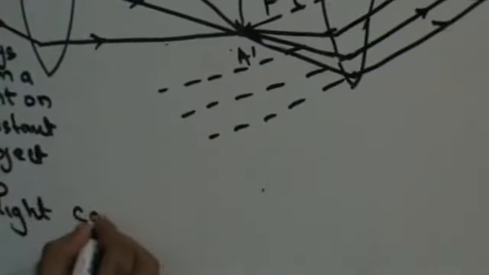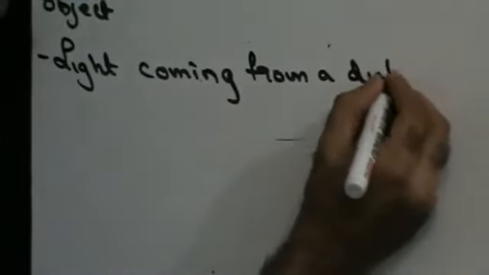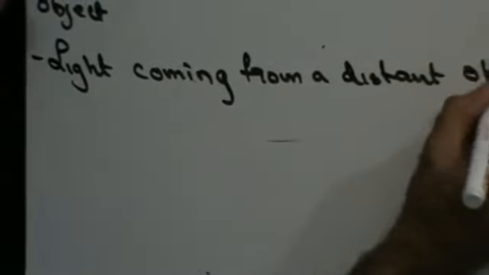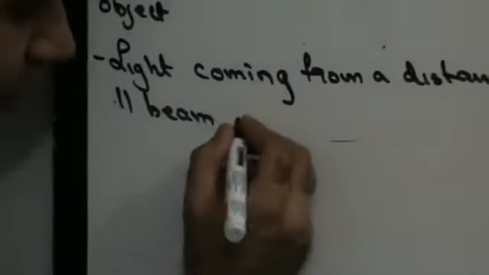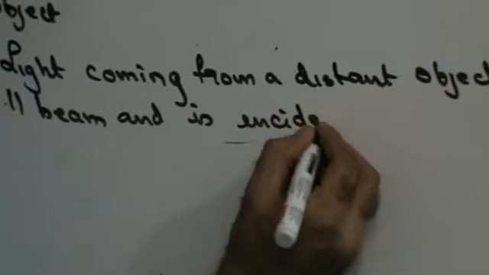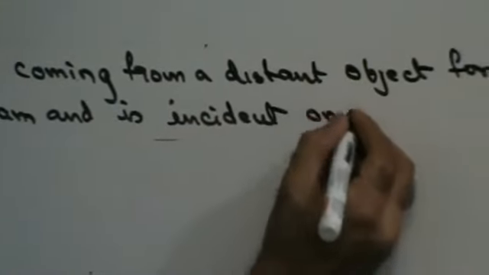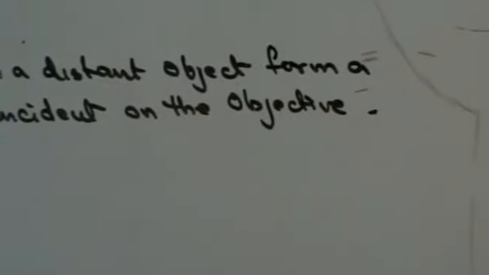Light coming from a distant object form a parallel beam and is incident on the objective, right.